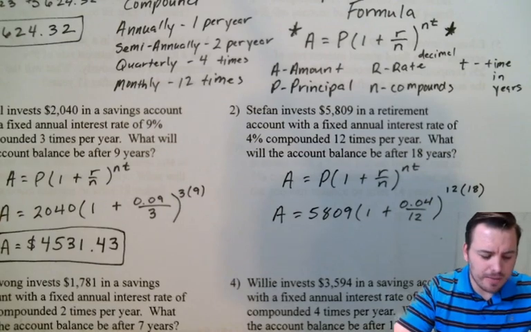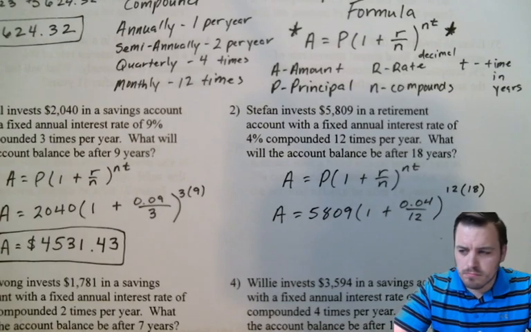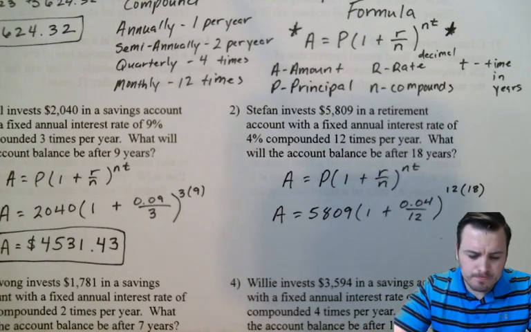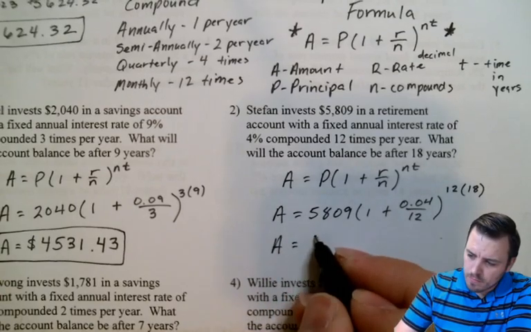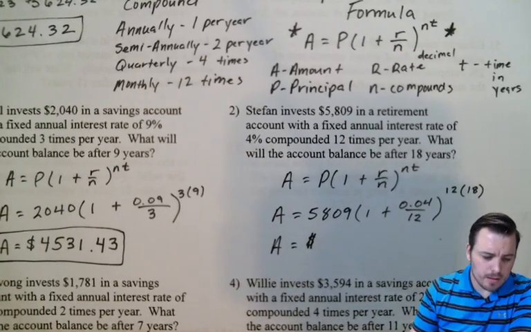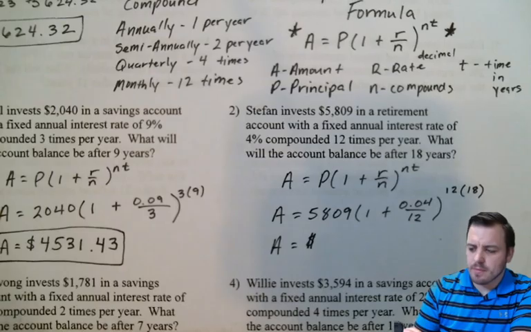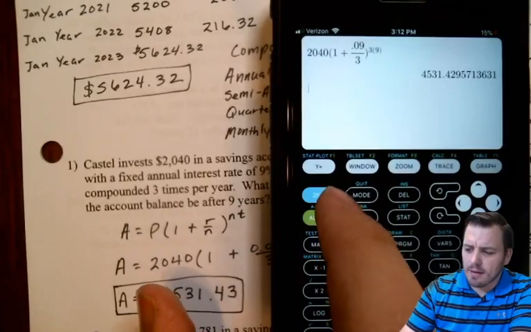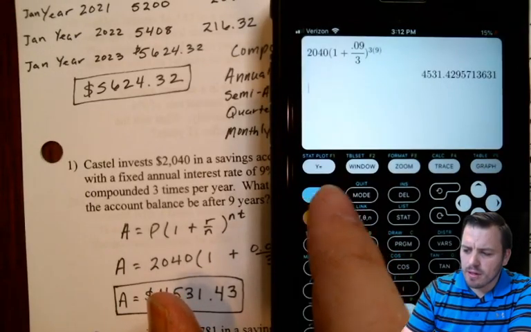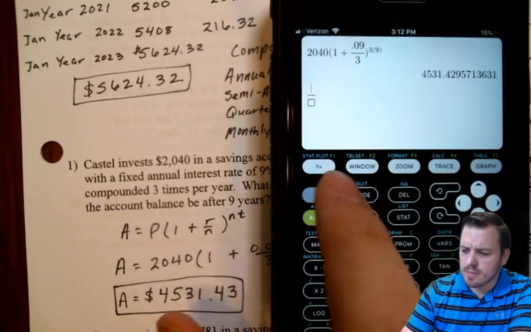And type the answer into your chat box once you get it. Maddie, you make the fraction on the TI-84 by hitting alpha y equals, and then enter, and then that'll raise up your fraction. Alpha y equals.